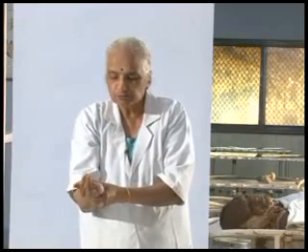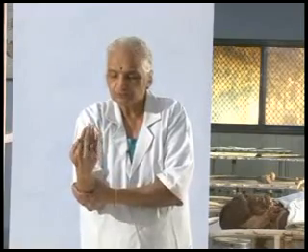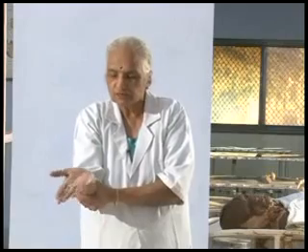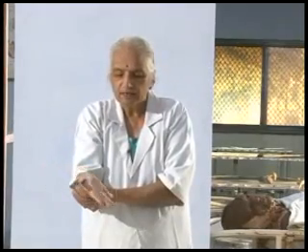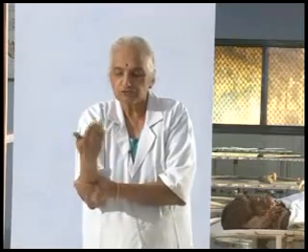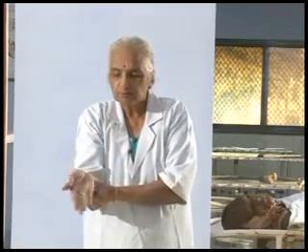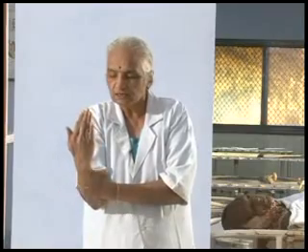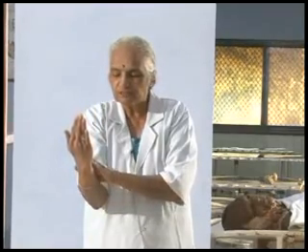Now coming to the wrist joint. The wrist joint is an ellipsoid joint. Movements permitted are flexion, extension, abduction, adduction, and of course circumduction. The muscles for flexion are flexor carpi radialis, flexor carpi ulnaris, flexor digitorum superficialis, and flexor digitorum profundus.